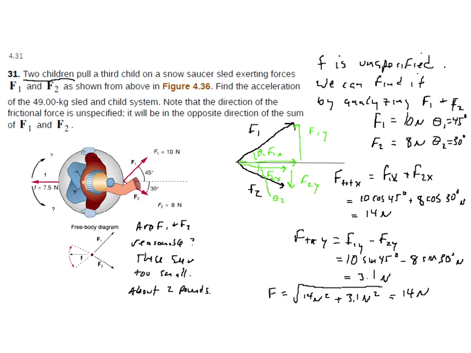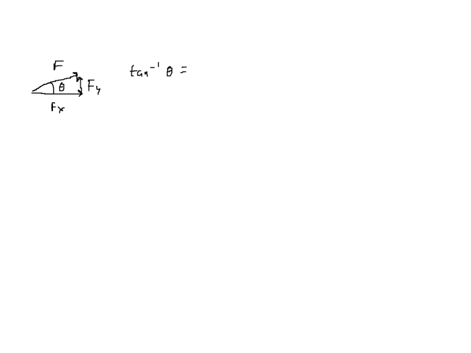And the angle, so we've got F sub x, F sub y, F, and then we have this theta here. So we know that the inverse tangent of theta equals opposite over adjacent. So opposite is the y, which is 3.1, divided by 14.